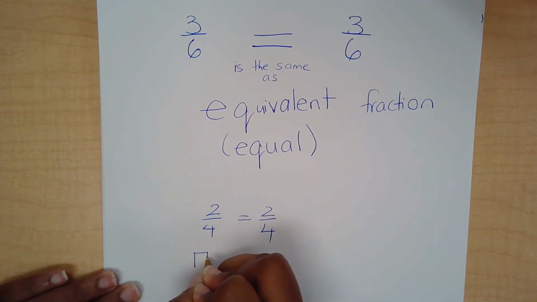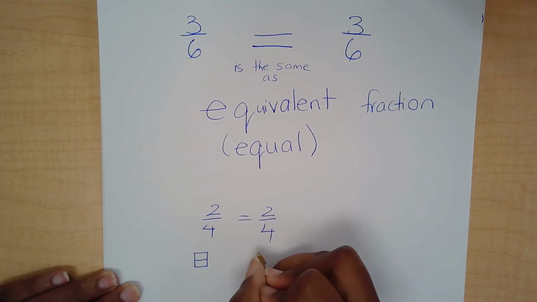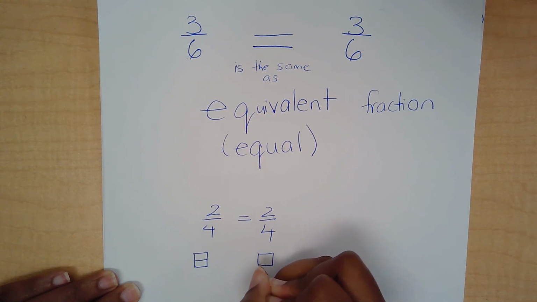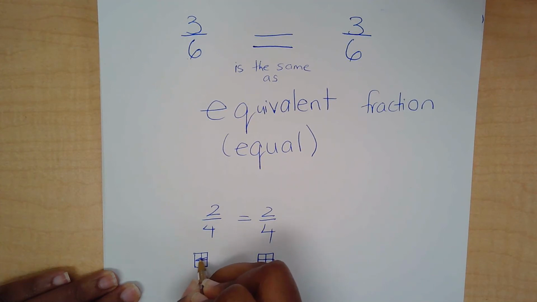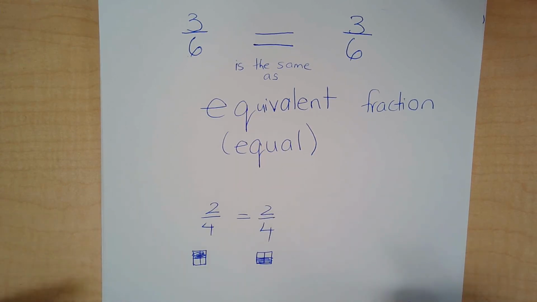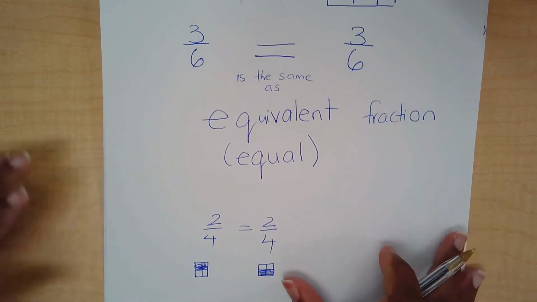What would that look like? Just like this. 2/4 is the same thing as 2/4 because it's 2 out of 4 and 2 out of 4. We've just learned equivalent fractions, guys.